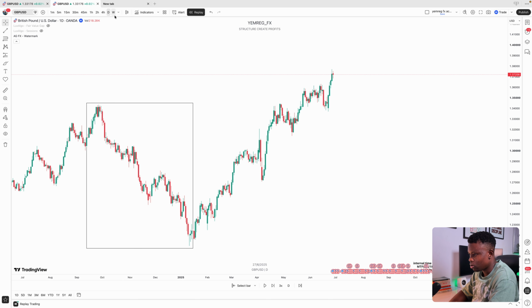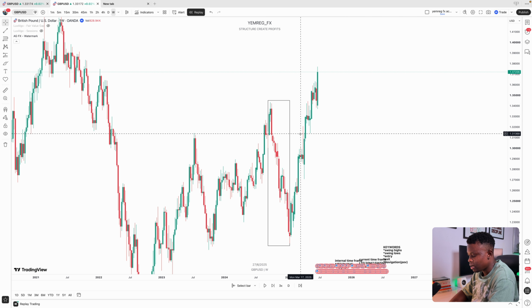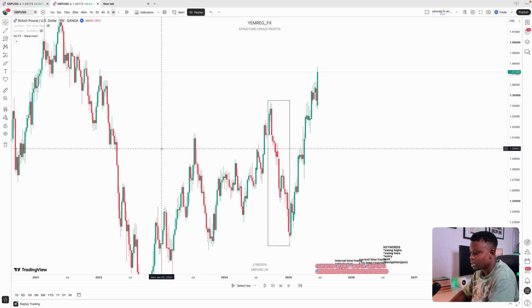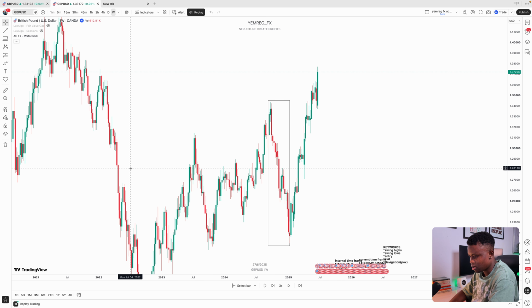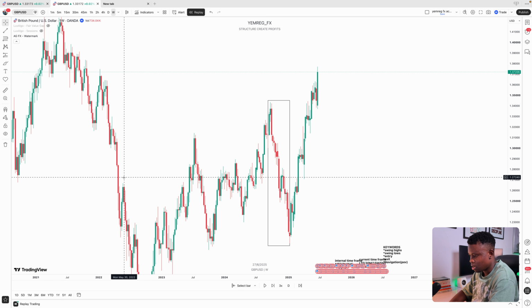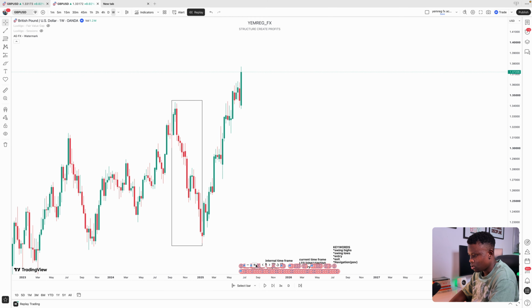If I go to the week one time frame, this is what we are going to be seeing. And when I talked about POV or how to navigate, as you can see, price is giving me the other side of the chart. I don't want to see this part of the chart. This is where I want to focus on, and then I can literally zoom in to that side of the chart.